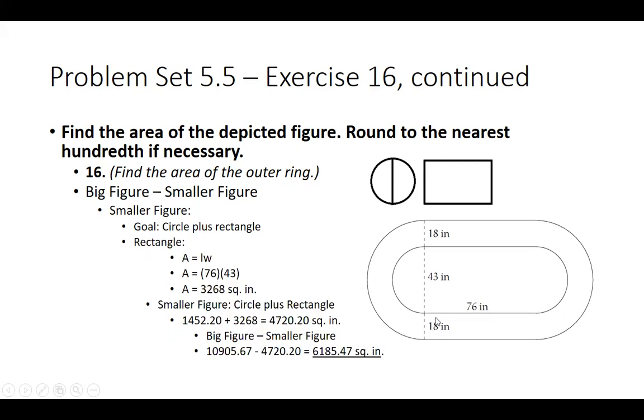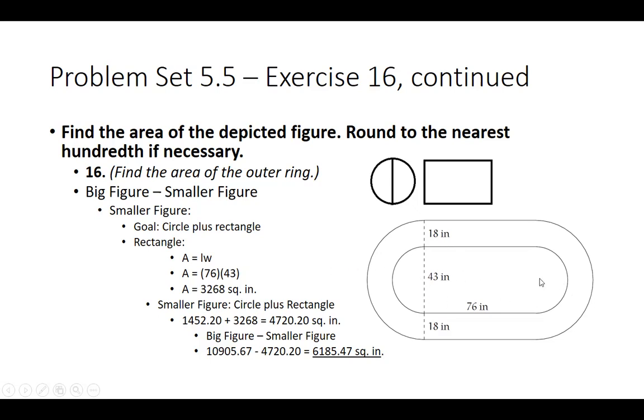The length is still 76, but the height of the smaller rectangle is 43. Length times width, 76 times 43, gives us 3,068 square inches.